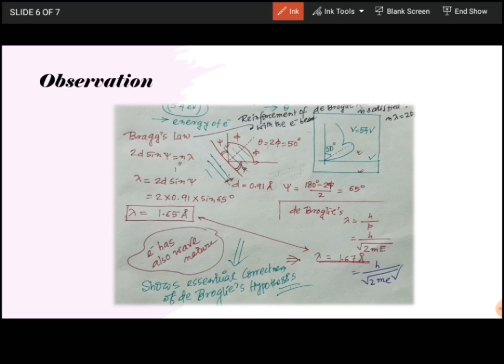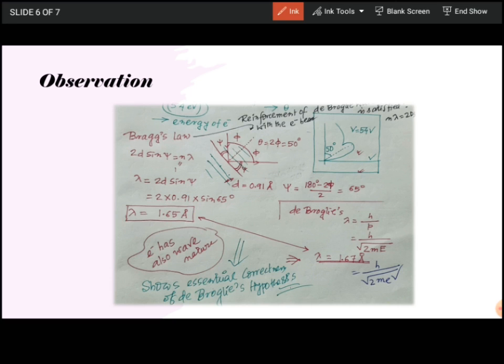If d is the spacing between two consecutive atomic layers, then d is nearly 0.91 angstrom, and psi can be calculated from this. Psi equals 180 degrees minus 50 by 2, which is equal to 65 degrees. If we put the values in this equation, we get lambda equal to 1.65 angstrom.